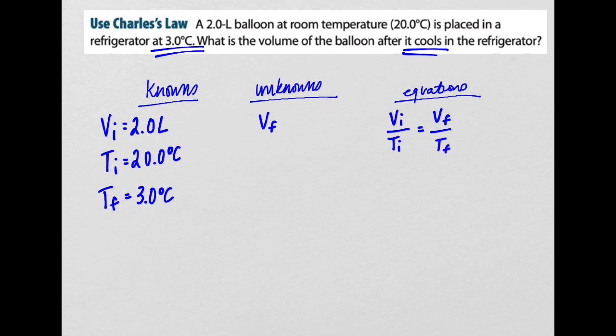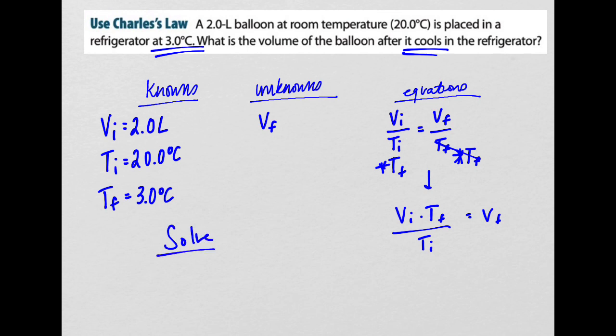All right, we're going to rearrange this so that we have VF isolated. We're going to do that by multiplying each side by TF. That cancels, and I get VI times TF divided by TI is equal to VF. And then we're going to solve. Plug everything in.